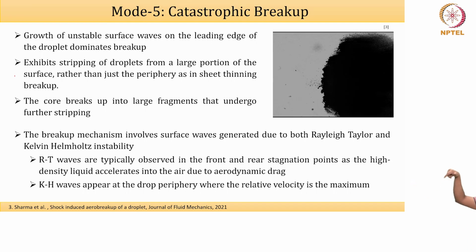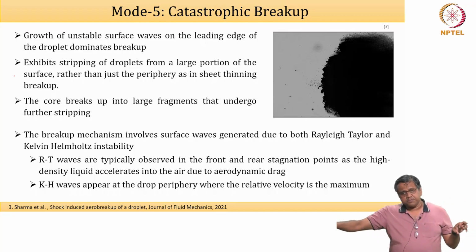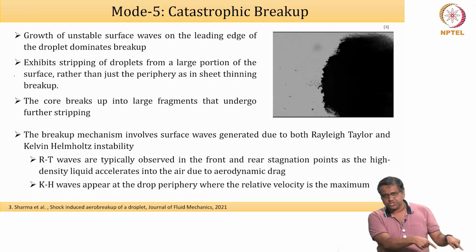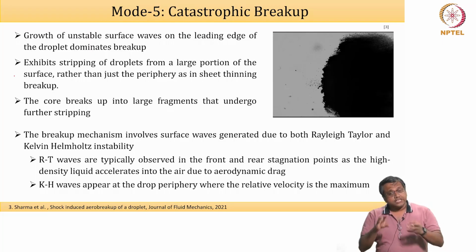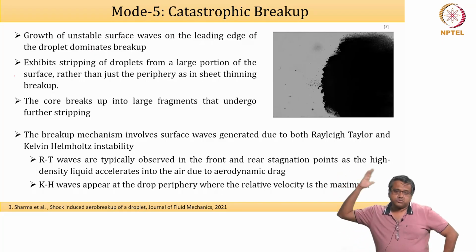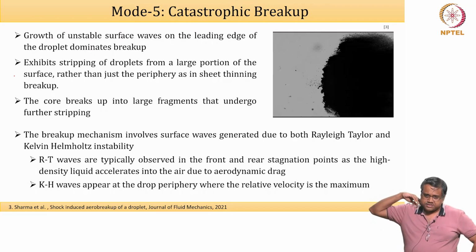Now, what is most important over here, once again, I want to emphasize this, we also saw in our experiments, for a large part of the measurements, you can still describe these two mechanisms by conventional means, RT, Kelvin-Helmholtz, okay. It's only after the topology of the breakup that you cannot do anything about it. It's very stochastic and it gets very random, just because of the nonlinearity of the process, I should say, okay.